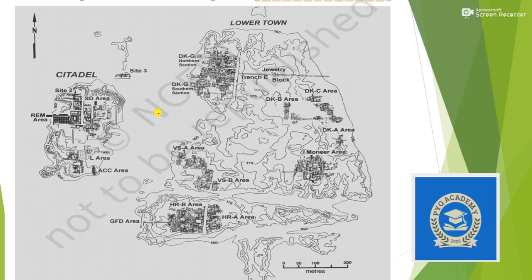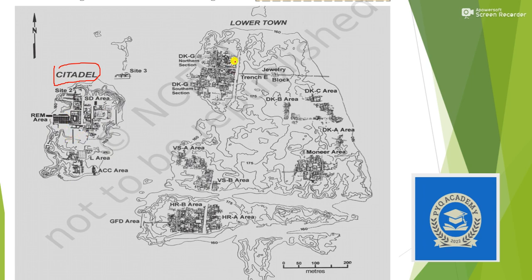Then the most important thing: in one image the town layout of Mohenjo-daro is given, in which you can see the whole town is divided into two settlements. The first settlement, in the west, is known as the Citadel, since it is on a higher platform, but it is a small settlement.